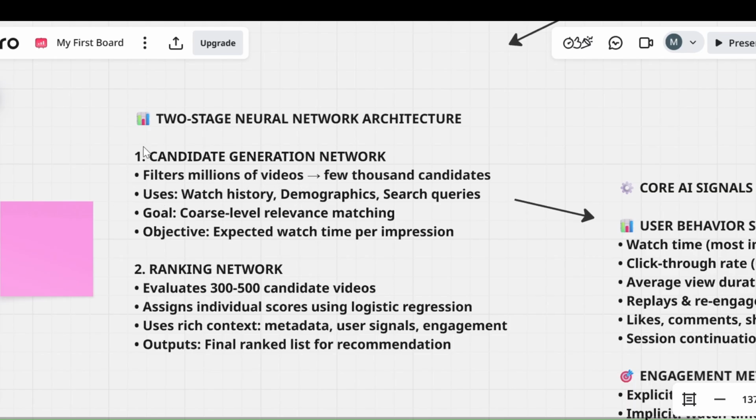And the other one is the ranking network. The ranking network finds who your audience is, who watched your video fully, who was interested. These two ways help you get more reach.